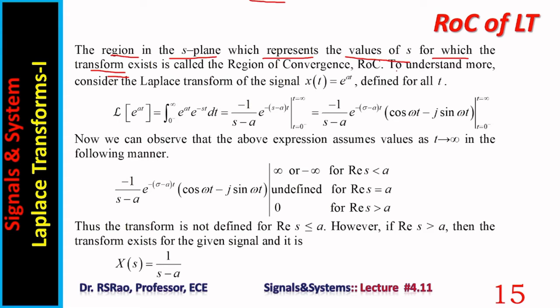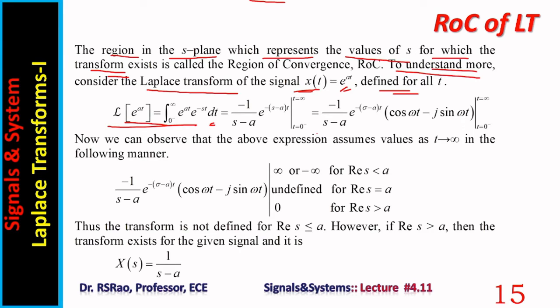To understand more about this region, consider the Laplace transform of a general signal x of t equal to e power at. E power at is defined for all t. Now, applying definition, Laplace transform of e power at is integral 0 minus to infinity e power at e power minus st dt.